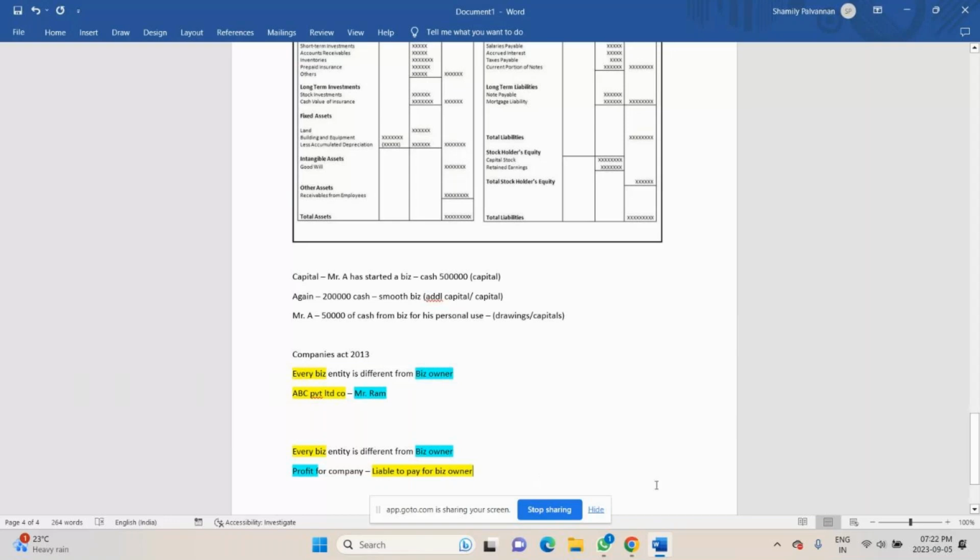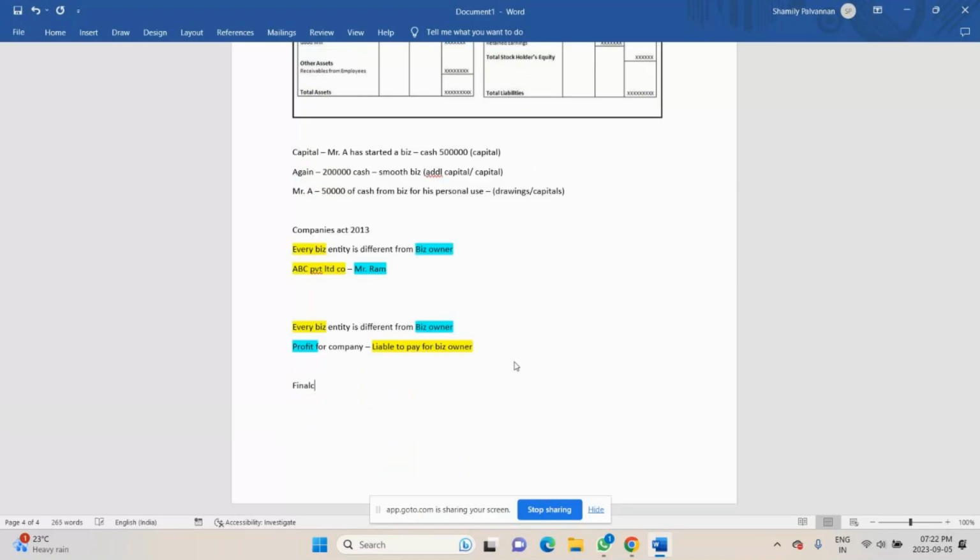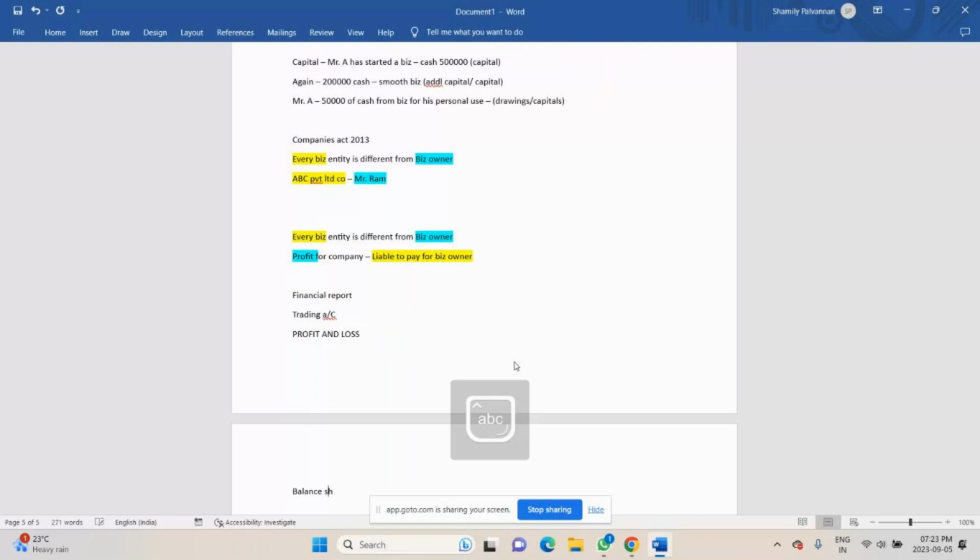These we call financial reports: the trading account, the profit and loss, and then the balance sheet. Before the balance sheet, you also have to do another report called the cash flow statement, showing how much cash you have.